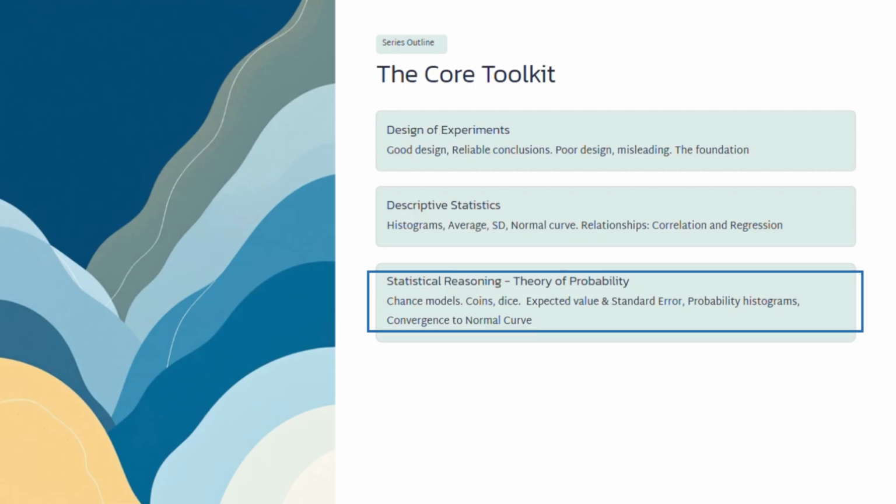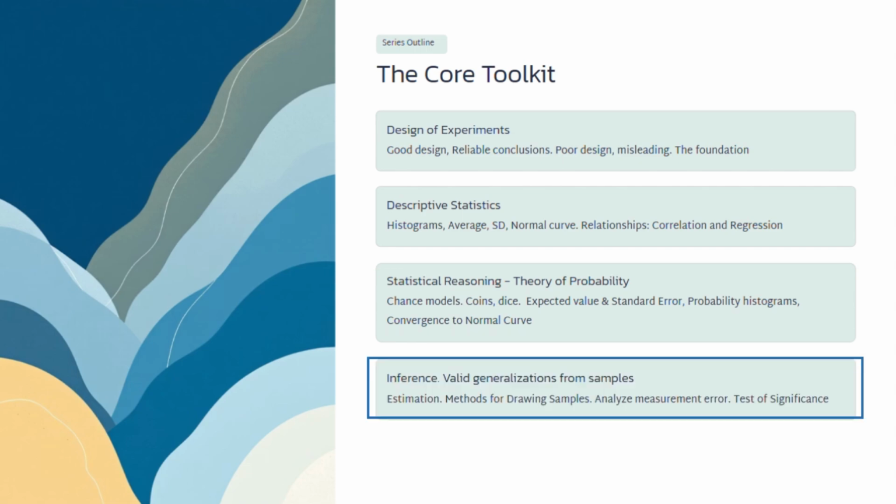Then we'll have statistical inference, which is making valid generalizations about a population from a sample. So you have a sample from a larger population, and then you want to generalize some conclusions, some facts about the population from what you see in the sample.